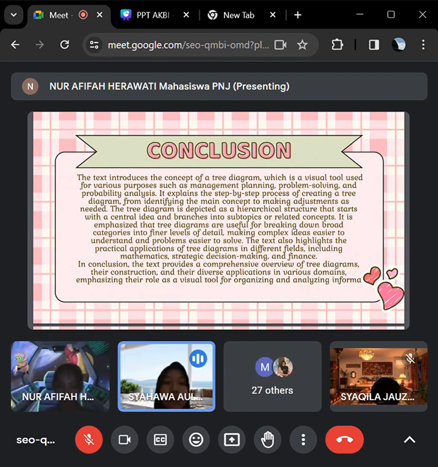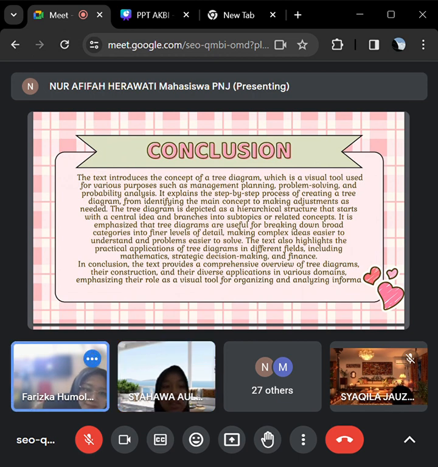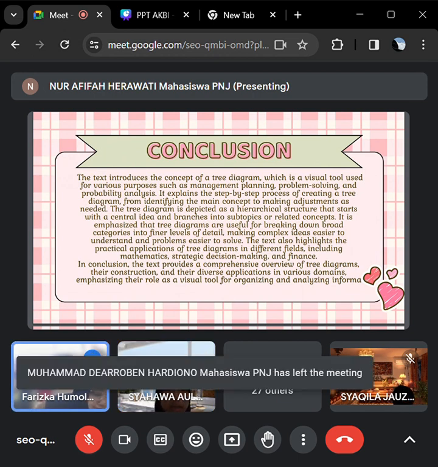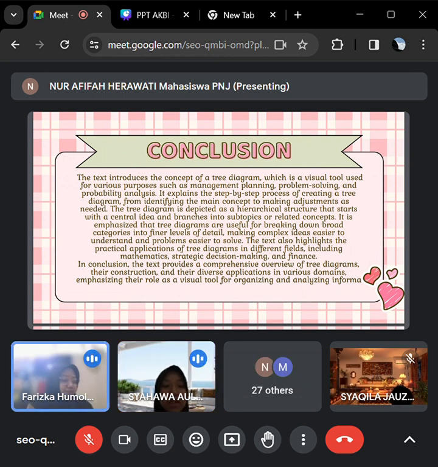So the text introduces the concept of a tree diagram, which is a visual tool used for various purposes such as management planning, problem solving, and probability analysis. It explains the step-by-step process of creating a tree diagram, from identifying the main concept to making adjustments. The tree diagram is depicted as a hierarchical structure that starts with a central idea and branches into specific or related concepts.